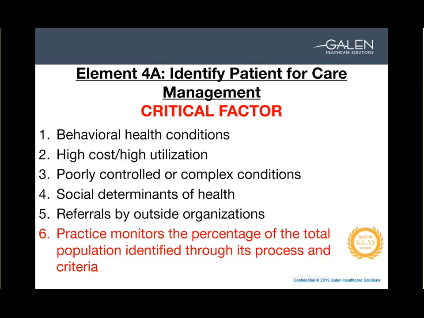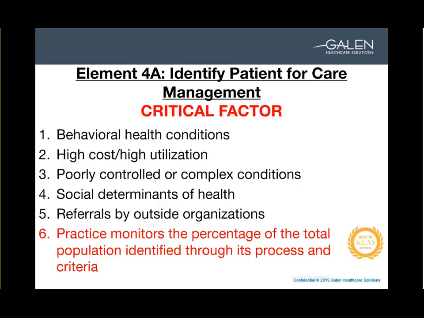And then basically through all of this, you're going to take 1 through 5, and you're going to make sure that you are looking at the entire picture. If I go back and accumulate, the frequent flyer who has CHF and diabetes, who lives alone, who has a cardiologist, endocrinologist, primary care, and, you know, they happen to be depressed.